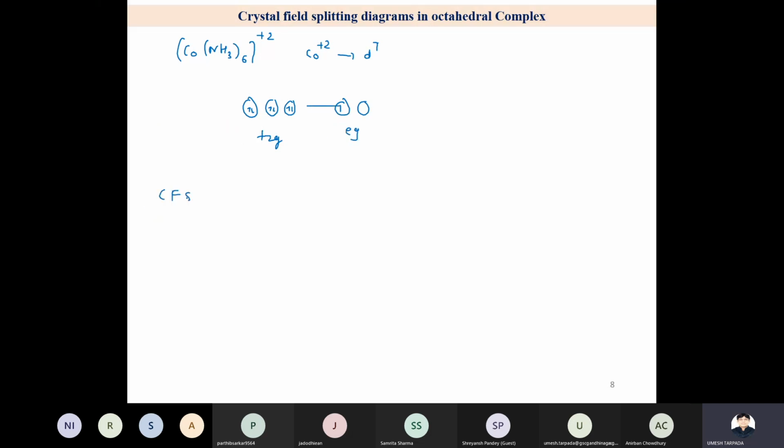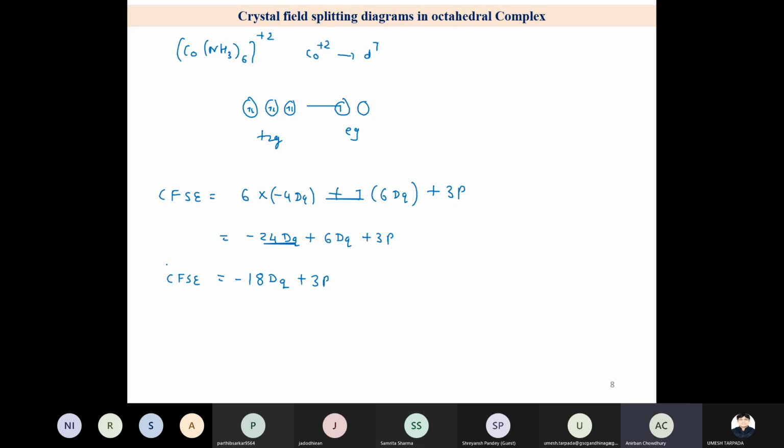So CFSE equals 6 into minus 4 dq plus 1 into 6 dq plus 3 pairs, so 3P. So what is your answer? 6 into 4 is minus 24 dq plus 6 dq plus 3P, that is minus 18 dq plus 3P. Now is it correct? Yes, sir.